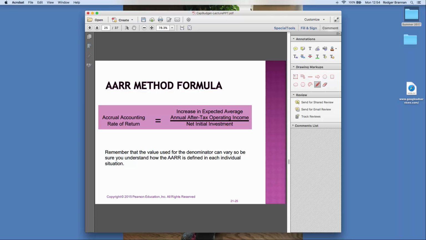Generally, what this means is that if I'm buying a machine that's going to increase my cash flow, let's say by $200,000 per year, well, fine, that would be my so-called increase in income, but then I would also have to subtract out the depreciation associated with that new machine. So the way it's often done would be to take the incremental cash flow, subtract out the depreciation, then divide it by either the initial investment amount or by the average investment amount.